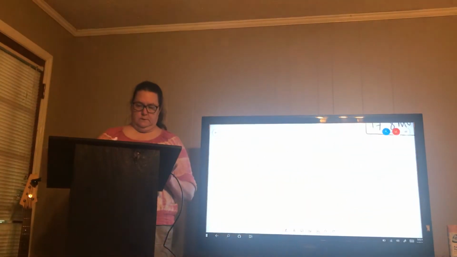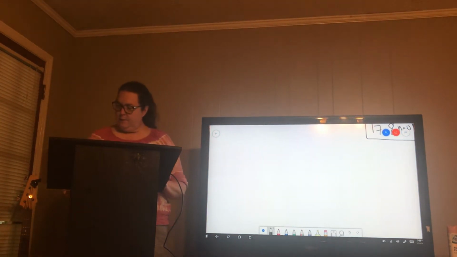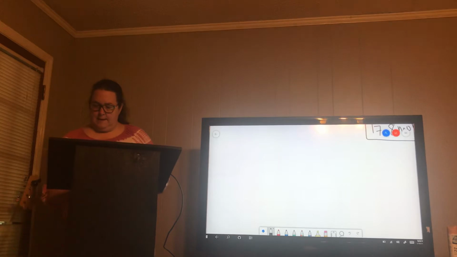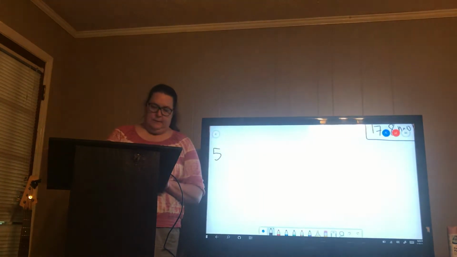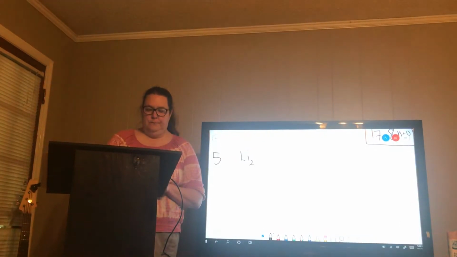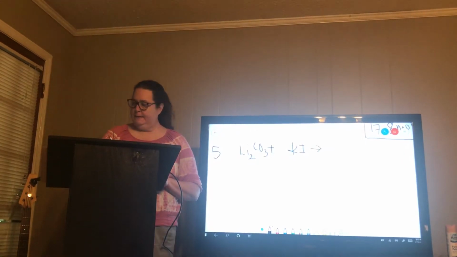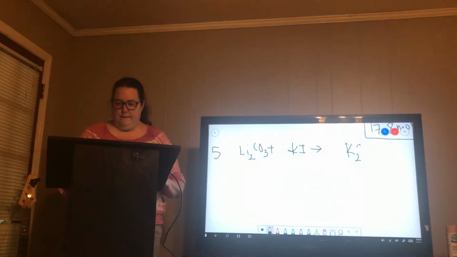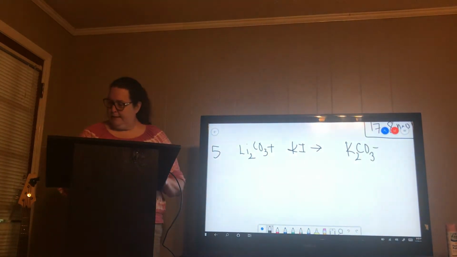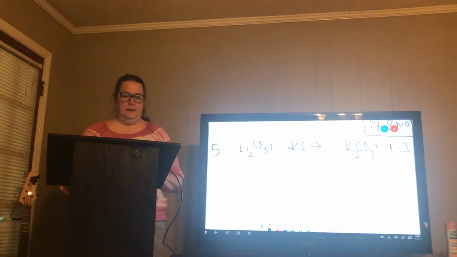So, all right. So the next one, number 5, it's not balanced. You have Li2CO3 plus potassium iodide produces potassium carbonate plus lithium iodide. So that's the equation reaction.